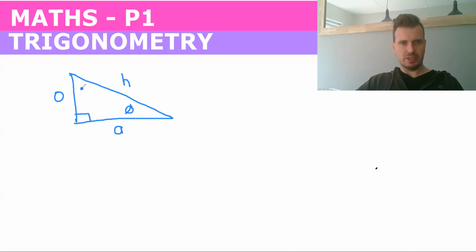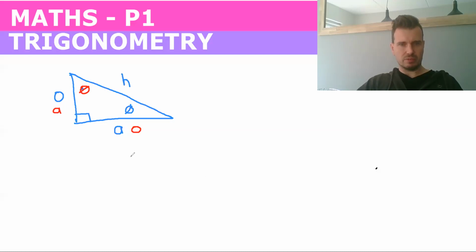If this was to be your theta, then suddenly your opposite becomes this one and your adjacent becomes this one. So you have to look at which angle you're trying to work out to know which is the adjacent and which is the opposite. So these are interchangeable.